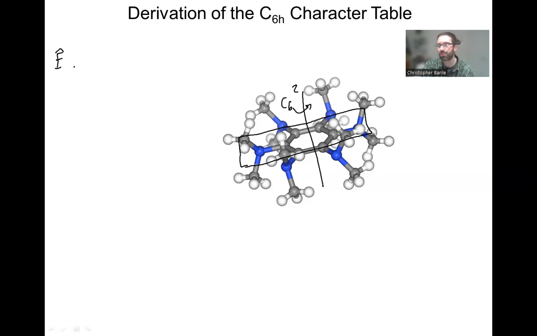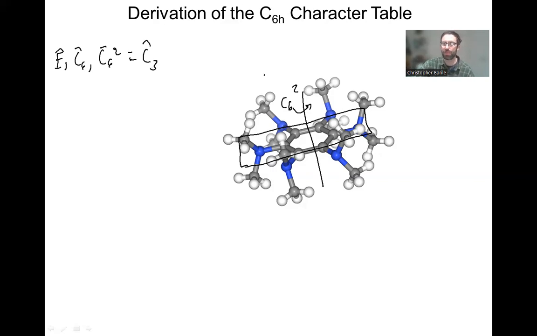Our first task in deriving the character table, as always, is to come up with all the different symmetry operations. There's going to be that C6, that 60-degree rotation. Then you can do a C6 twice, which is equal to a 120-degree rotation, which we can simplify and call C3. 360 divided by 3 is 120 degrees.